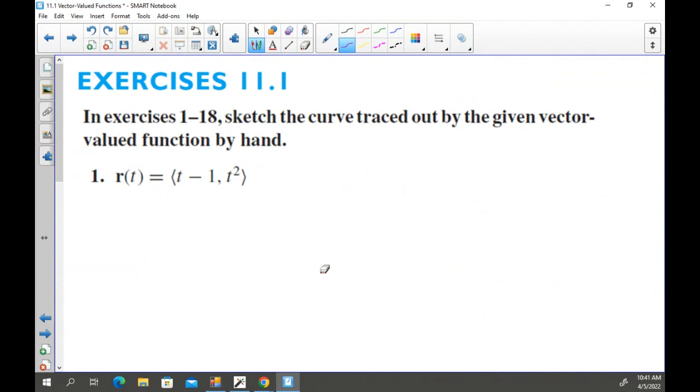Right. First, sketch the curve traced out by the given vector valued functions. So we can do maybe 1 or 2 of these. So what do we do here? So we say x is t minus 1 and y is t squared.